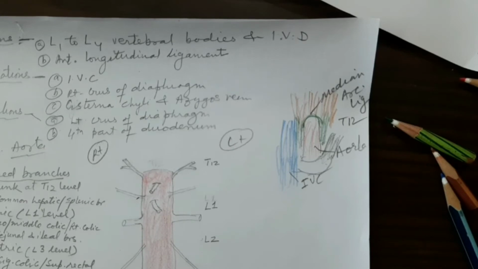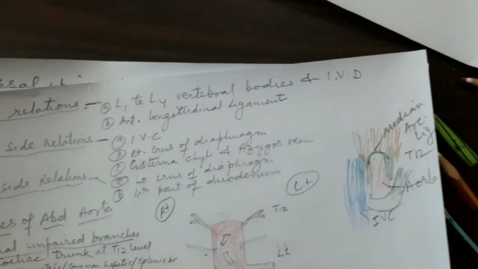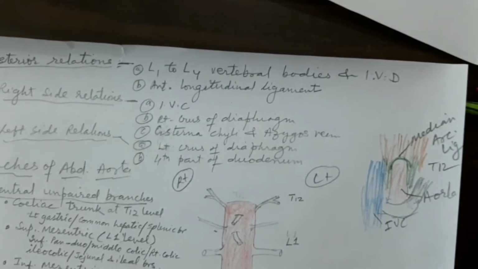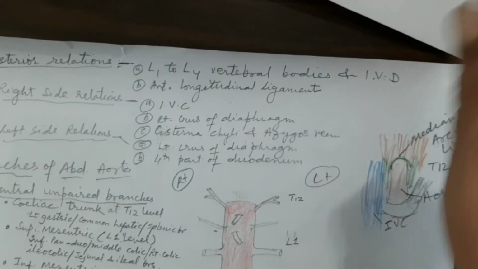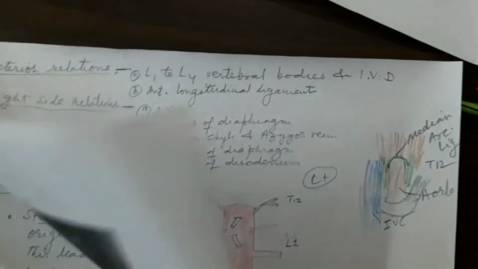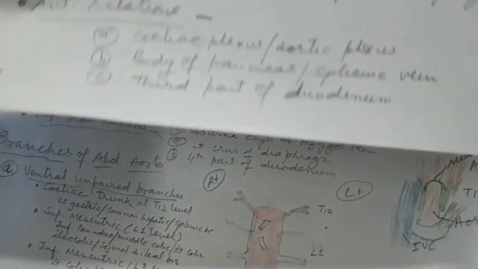Right. After you have learned these relations of the right side, left side, anterior side and posterior side, we come to the branches.